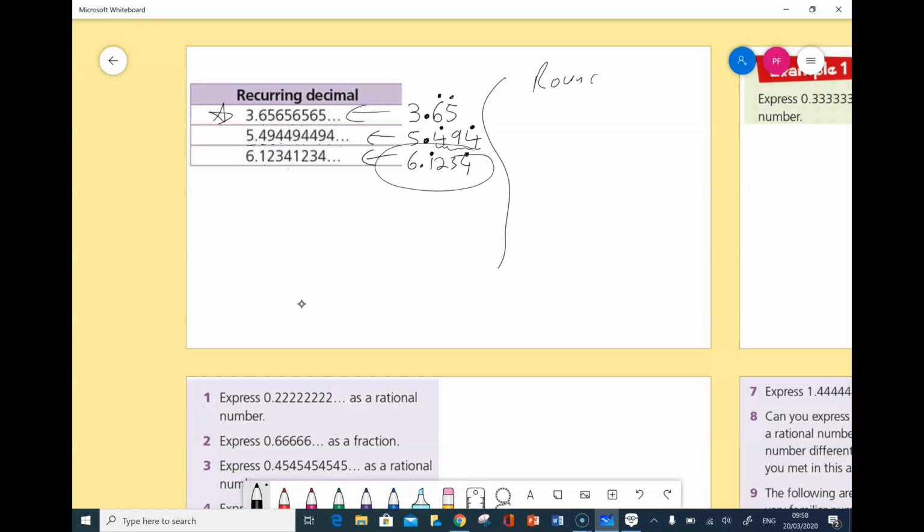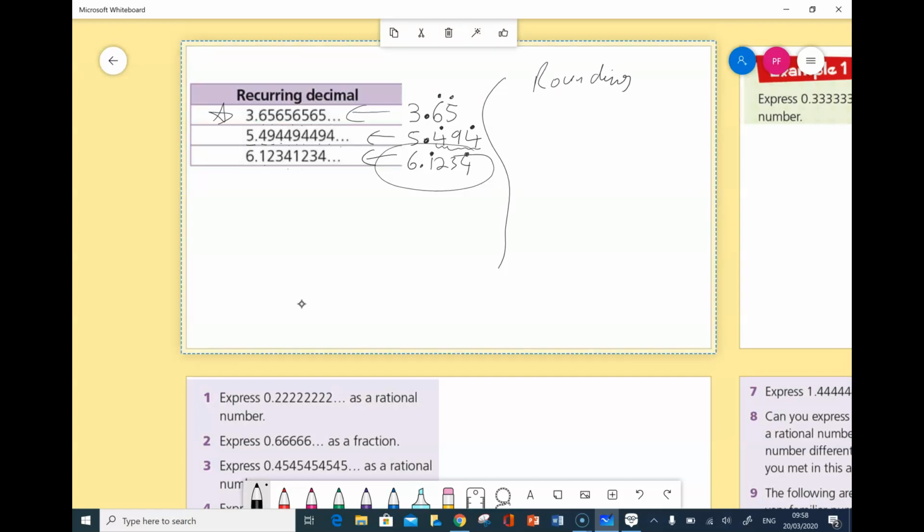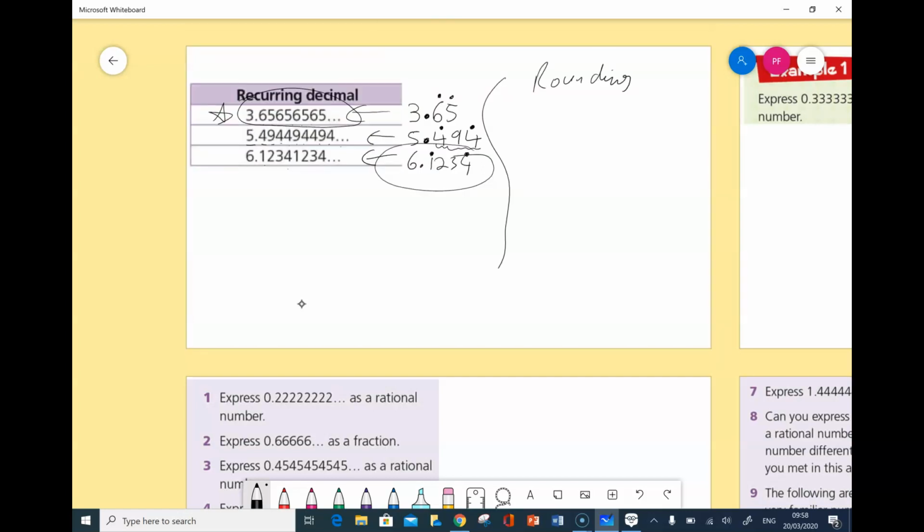But what we're always familiar with is rounding as well. If I was rounding this to 2 decimal places, 3.656565 and so on, I look at the number after the 2 decimal places. If it's 5 or over, I round up, so 3.66.